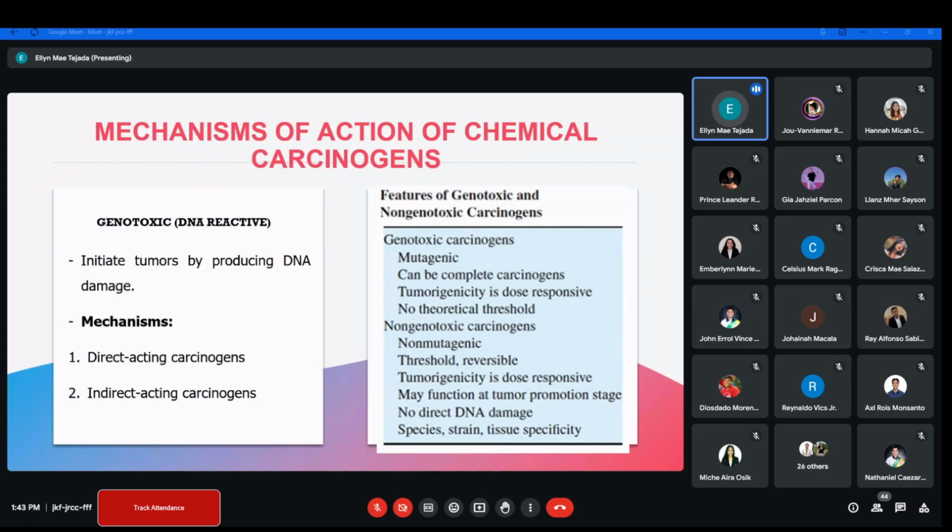These are compounds that require metabolism in order to react with the DNA. So again, going back to the features that I showed you earlier, these are some of the things that we should consider.